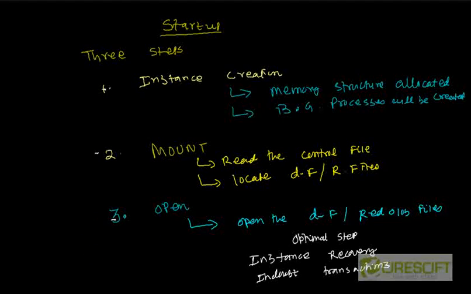Now let's take a hands-on example. In order to start my database, I need to connect using a privileged user like sys as sysdba. Only users with sysdba or sysoper privileges can start up and shut down the database.